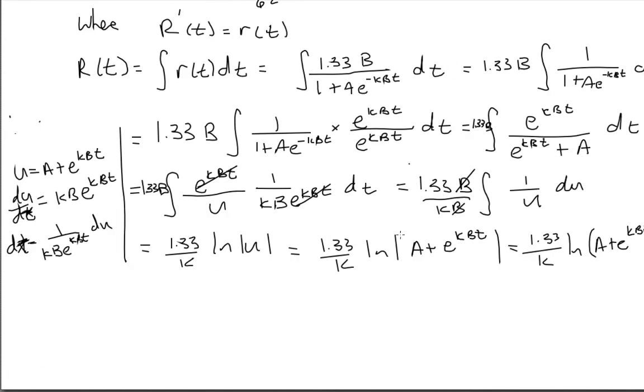So now that we have the function capital R, we can go back in and say the total revenue is equal to R, which is this function here, evaluated at 122 months, so it will be 1.33 over k times the logarithm of a plus e to the kb times 122. So we've plugged in 122. So this is R of 122 right here.